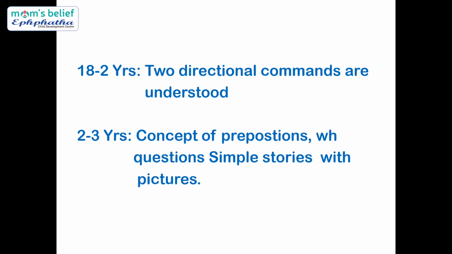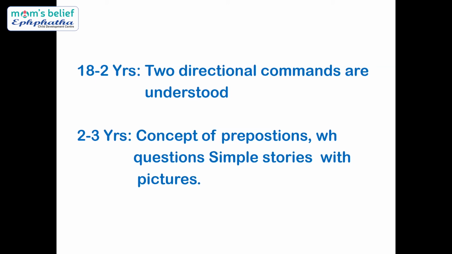Then we teach them the action words. Then we come to the prepositions. So you can see that from 2 to 3 years the prepositions take place. For example, the ball is under the table. A cat is sleeping on the mat. Cat is on the mat. So on, in, under, the preposition learning takes place at this time.